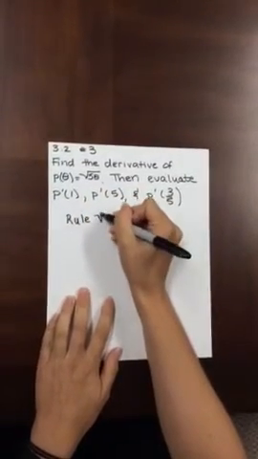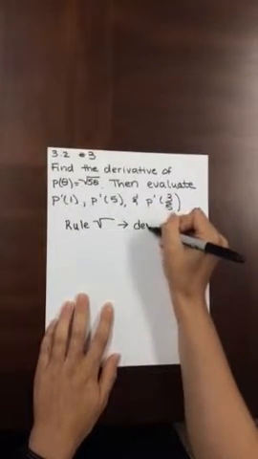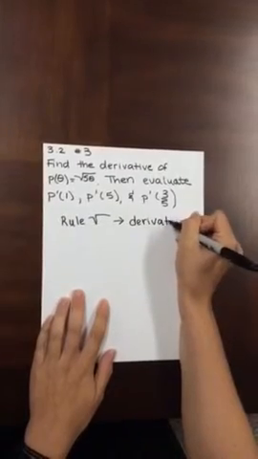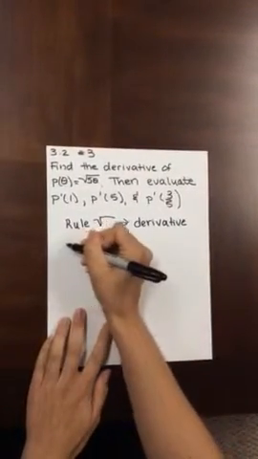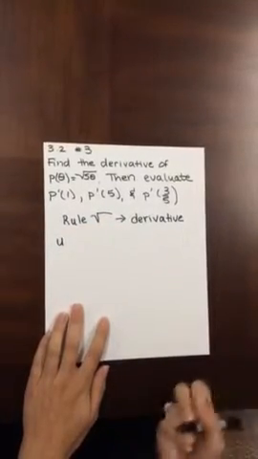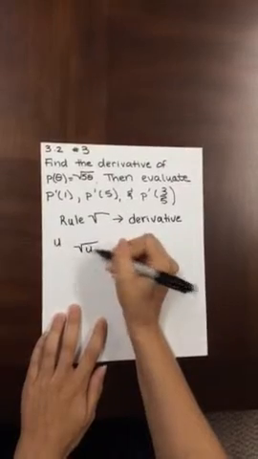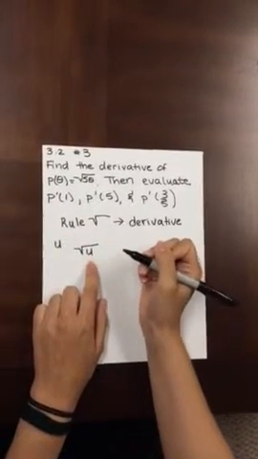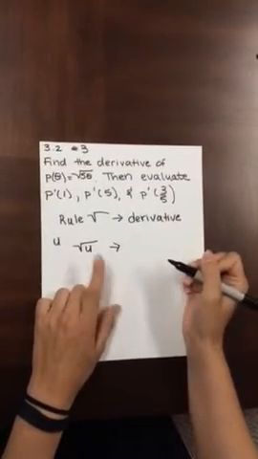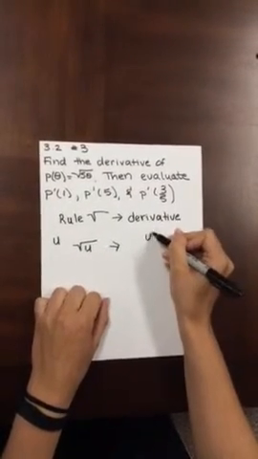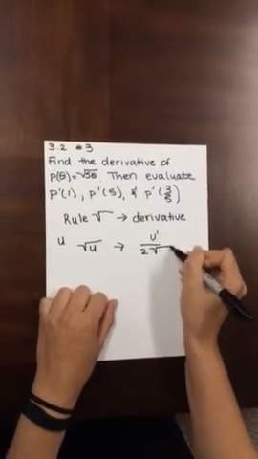For the rule for square roots when we're finding the derivative, I'm going to use the variable u. So if we have the square root of anything, so square root of u, and we want to find the derivative of that, that rule says that we take u prime all over 2 square root u.